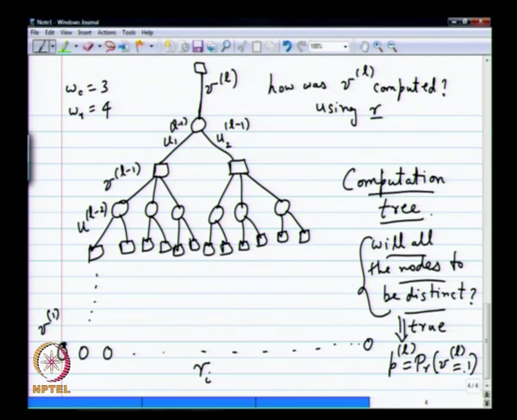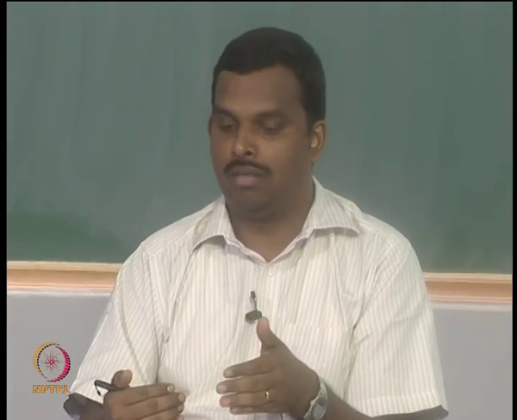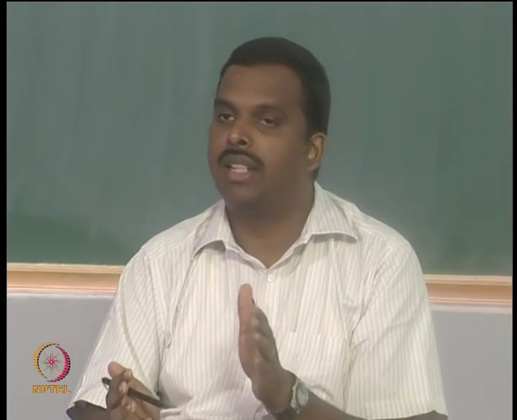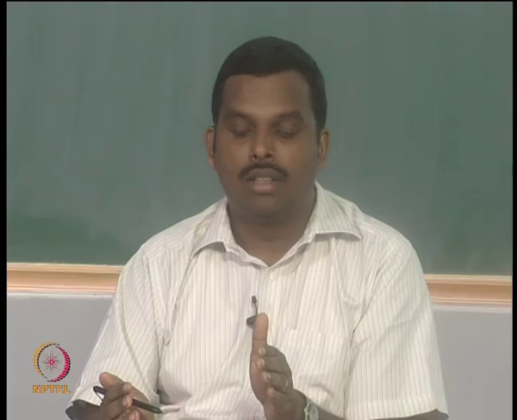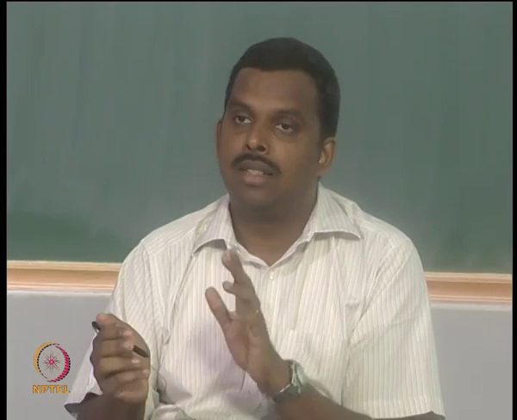Those are the 2 points that I want you to observe and keep in mind. For regular codes, the structure of this unfolding in this computation tree, or the neighborhood of a particular edge, remains the same for all edges. And for a particular iteration L, if this entire computation tree has no repetitions in any node, no check node repeats, no bit node repeats, then the density evolution formula for PL is exact.